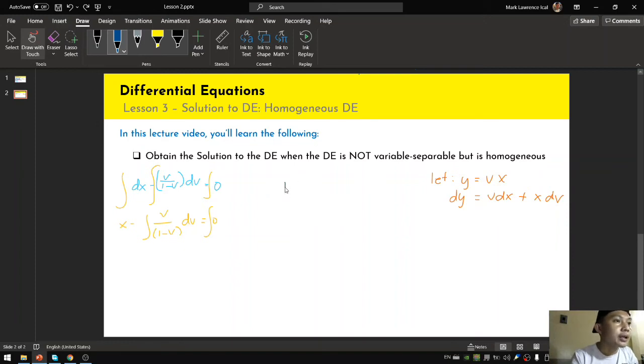So, magiging 1 over 1 minus v. So, pasok natin sa loob. Magiging v minus 1. So, minus 1 plus 1. So, 0. So, 0, v raised to 0. Okay. V raised to 0 is basically 1.